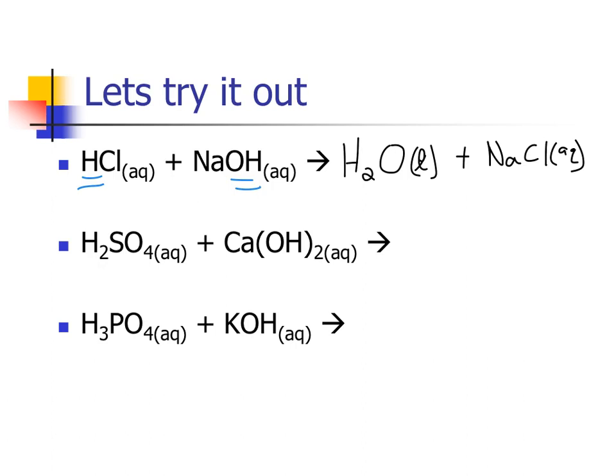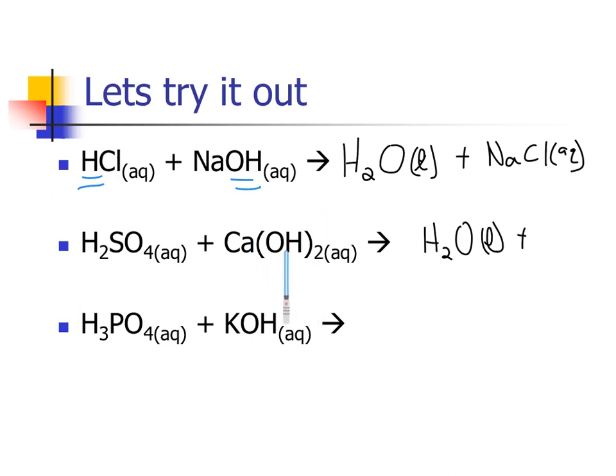For the next one we have sulfuric acid reacting with calcium hydroxide. Again, because we're using hydroxides and an acid, we're going to form our water. I should probably write that a little bit farther because I'm pretty sure we're going to have to do some balancing out here. And so my H2O, liquid, and then because calcium has a charge of 2, that's where this 2 came from.